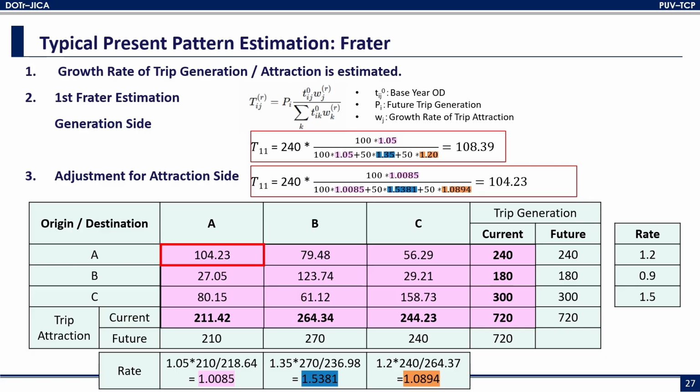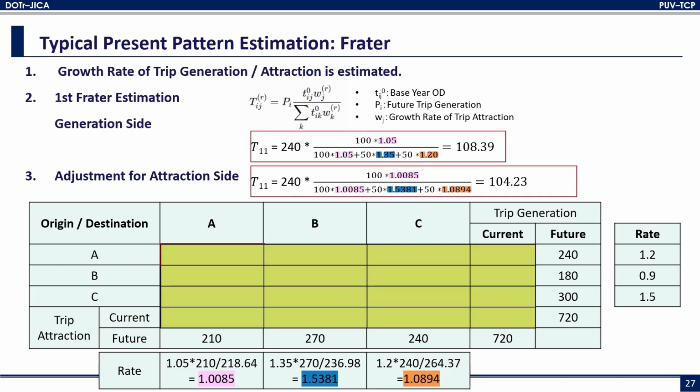There is still a gap. However, the gap between the estimated future trip attractions and the given trip attractions is smaller than the previous iteration.